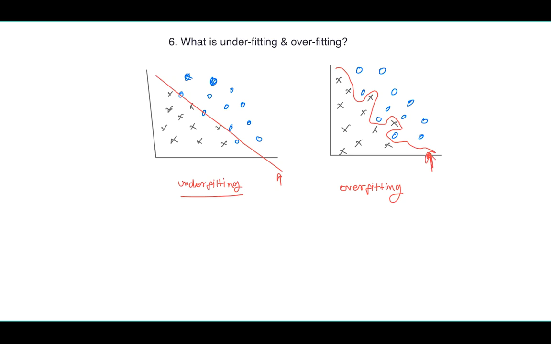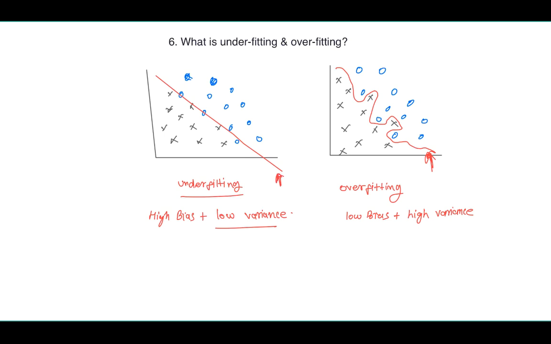So what happens here, it will try to learn everything, and while trying to learn everything, it will introduce low bias and high variance. And if your model is underfitted, then there would be high bias and low variance.